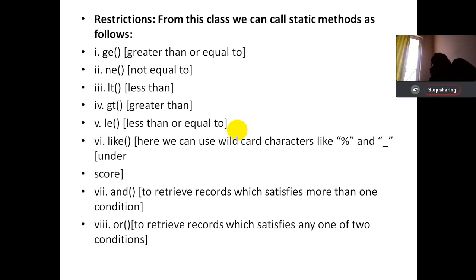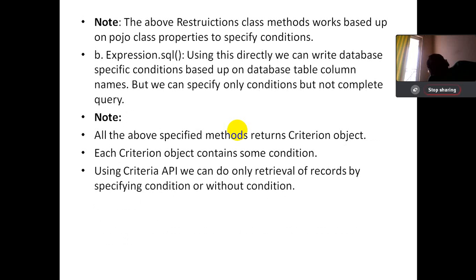Following the criterion object which we get from the static methods, we add that criterion object to our criteria class. So finally we'll execute our criteria object. How did we execute in our example? We just said criteria object dot list.